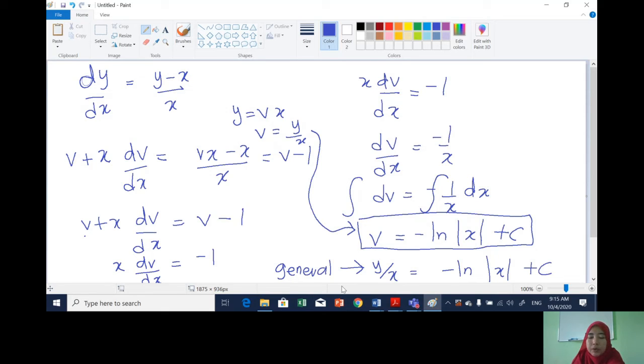Remember that in the original equation, we have the initial values given, so we need to find the particular solution by finding the value of the constant c.